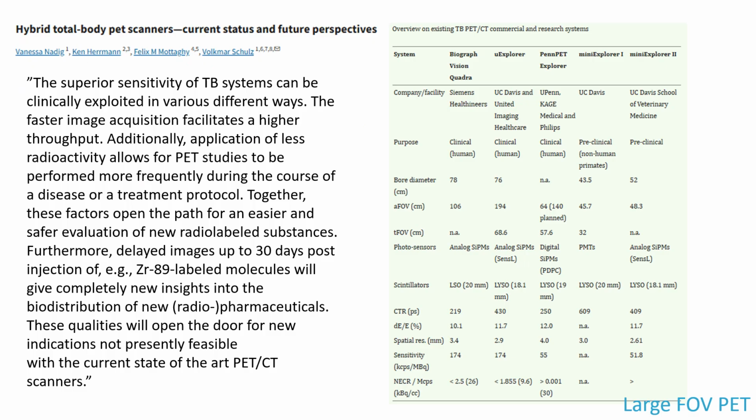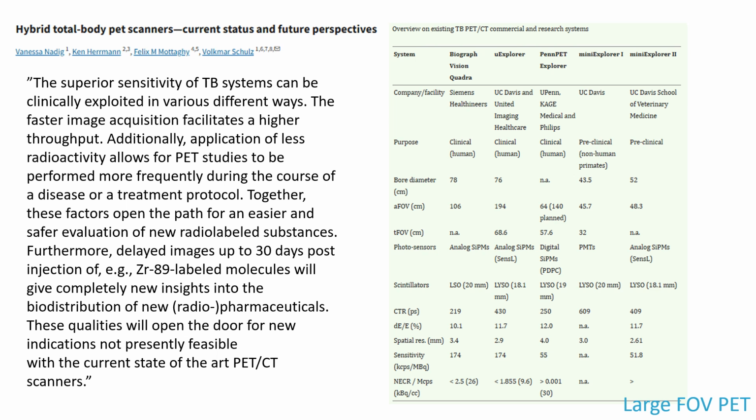The authors of this summary report summarized the improvements and the advantages of the total body scanners in this way. The superior sensitivity of total body systems can be clinically exploited in various different ways. The faster image acquisition facilitates a higher throughput. Additionally, application of less radioactivity allows for PET studies to be performed more frequently during the course of a disease or a treatment protocol.